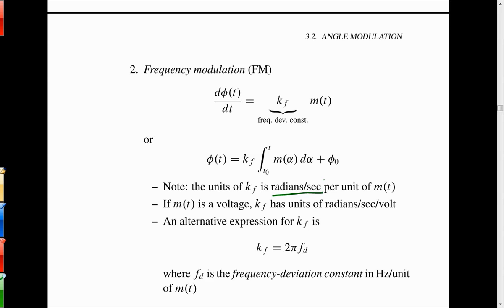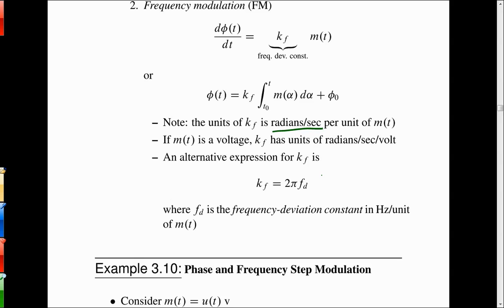Or turning that around, integrating both sides, the phase deviation is equal to kf, the deviation constant, times the integral of the message, plus phi 0, which is just the constant that you get when you integrate something. You have a starting time, and the phase of the carrier is phi naught at that start time.